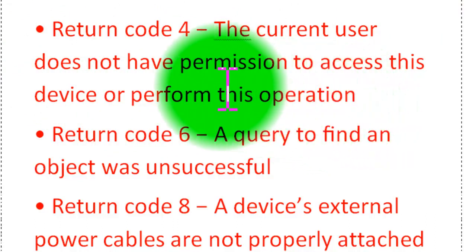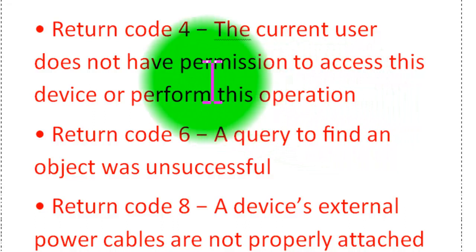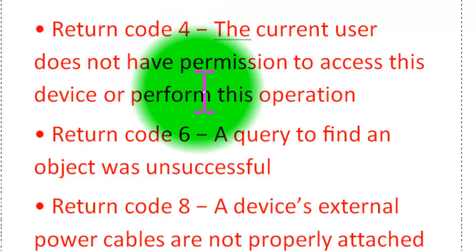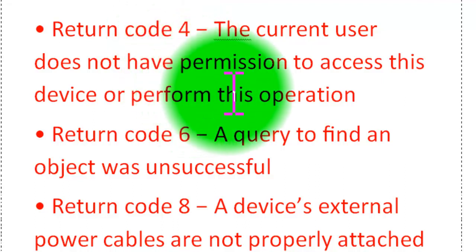So if you have an error like code 4, the operator does not have the permission, and you need to go back and get the permission access, and then you can return.